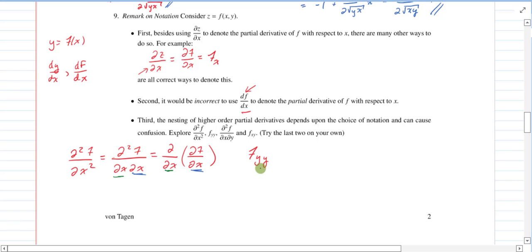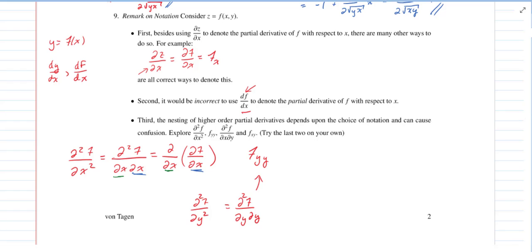First of all, this is saying we're going to be taking a second partial derivative of the original function, and we're going to be taking the partial derivative with respect to y both times. By the way, if I wanted to, I could have written it in this notation, partial squared f, partial y squared.